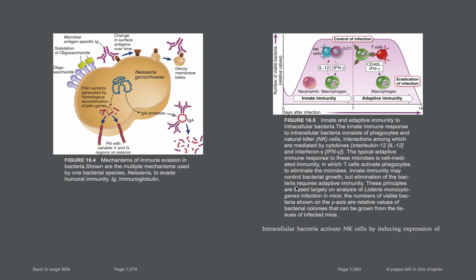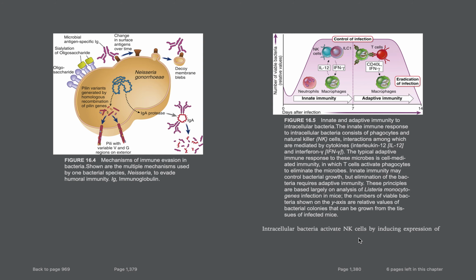Innate immunity may control bacterial growth, but elimination of bacteria requires adaptive immunity. These principles are based largely on the analysis of Listeria monocytogenes infection in mice. The number of viable bacteria shown on the y-axis is the relative value of bacterial colonies that can be grown from the tissue of infected mice.